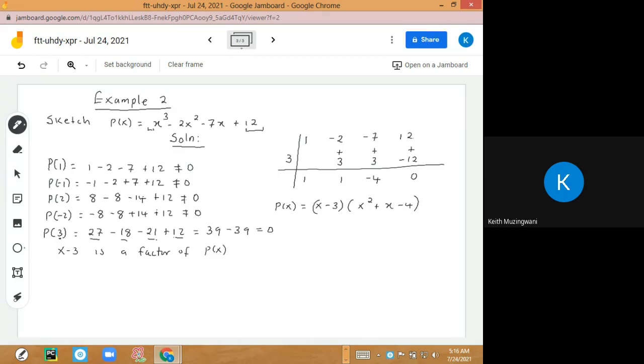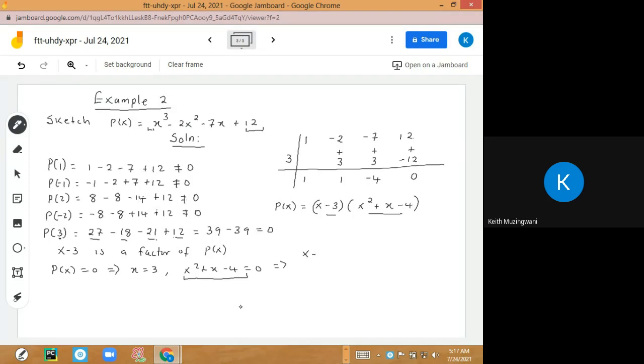So now the next thing is we solve for the x-intercepts by solving for p of x is equal to 0, telling us that x is equal to 3 and x squared plus x minus 4 is 0. Now if you look at this, it doesn't have normal factors. So again, we go for the formula.